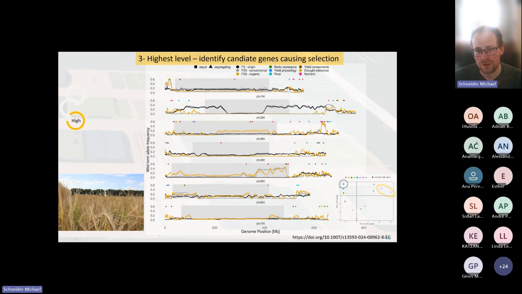For example, biotic resistance or resistance genes, physiology, for example the flowering time, how they perform, root traits, the yield components like how many kernels per ear, the total yield, drought tolerance, and also, for example, nutrient use efficiency.